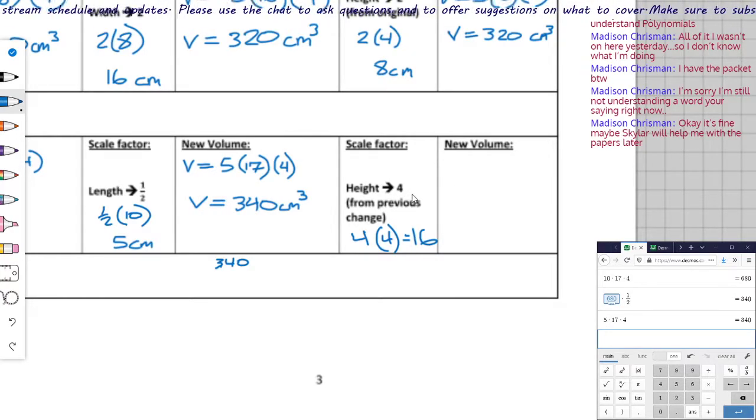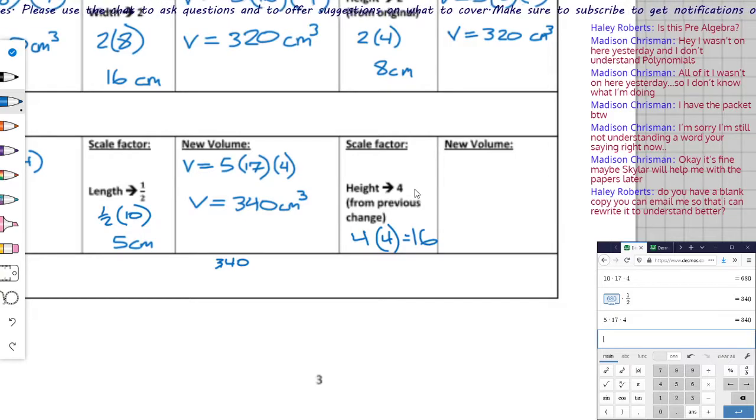Do you have a blank copy? Yes. Do you want me to send it right now? Or after this is done? Okay. Give me 1 second. Let me just pause real quick and I can send it right now.